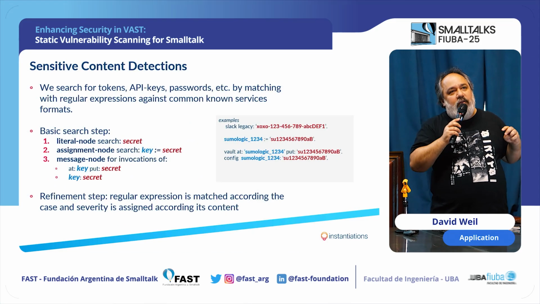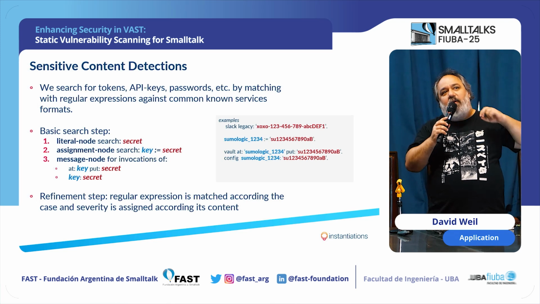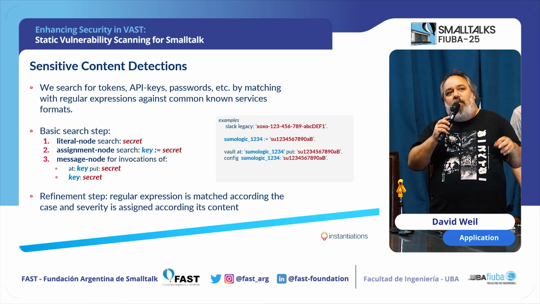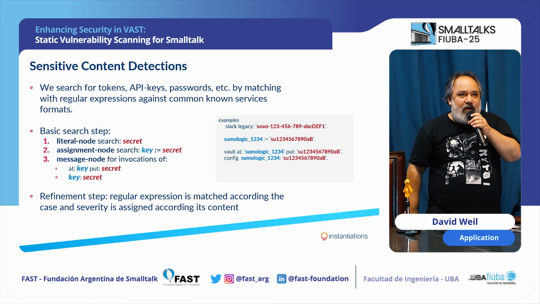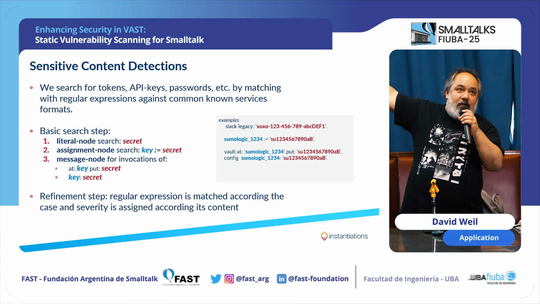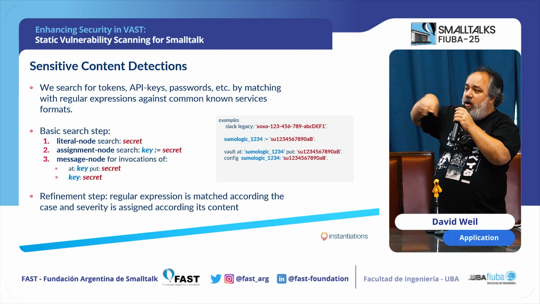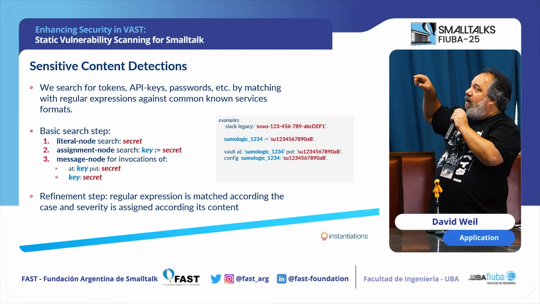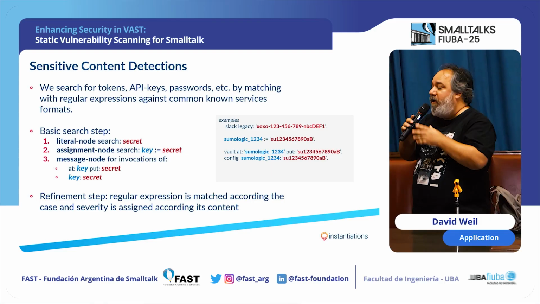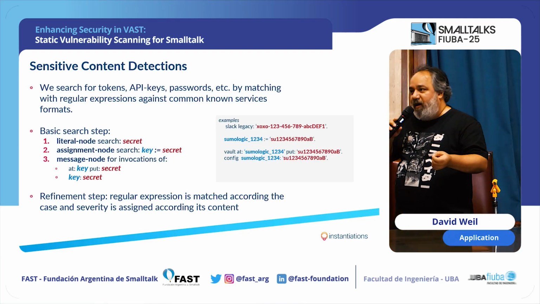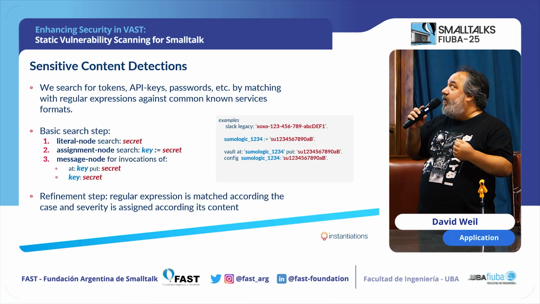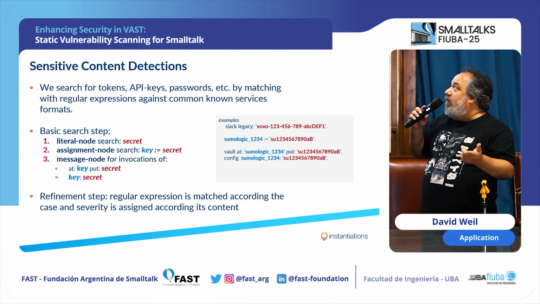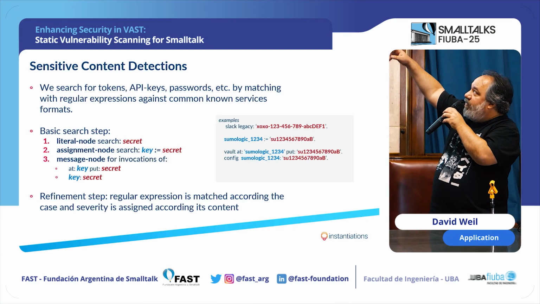When talking about sensitive content detections, which are passwords, as I said, the static analyzer lets us do the first basic search step where we say which kinds of nodes we want to detect. That may be a simple literal node, or a message node invocation, or an assignment, as you see there.